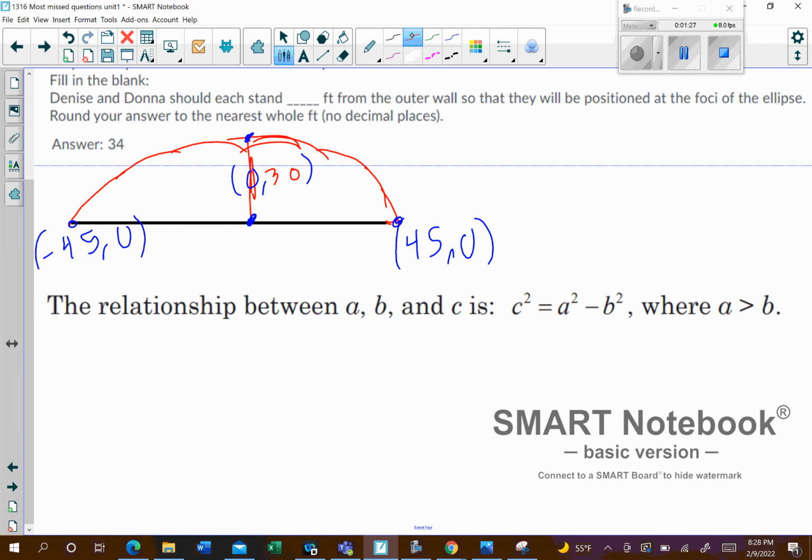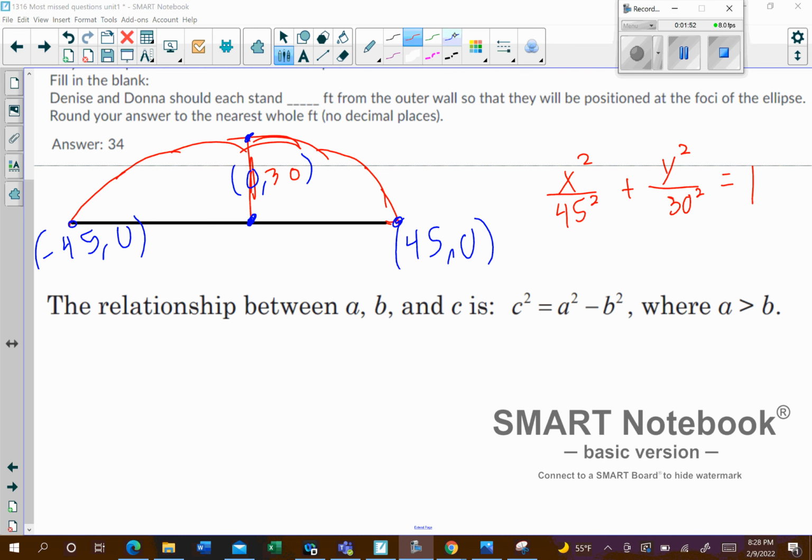First we have to figure out our A and our B value. So our formula is x squared divided by half of our major axis, which would be 45 squared, plus y squared divided by half of our minor, which would be 30 squared, equals 1.